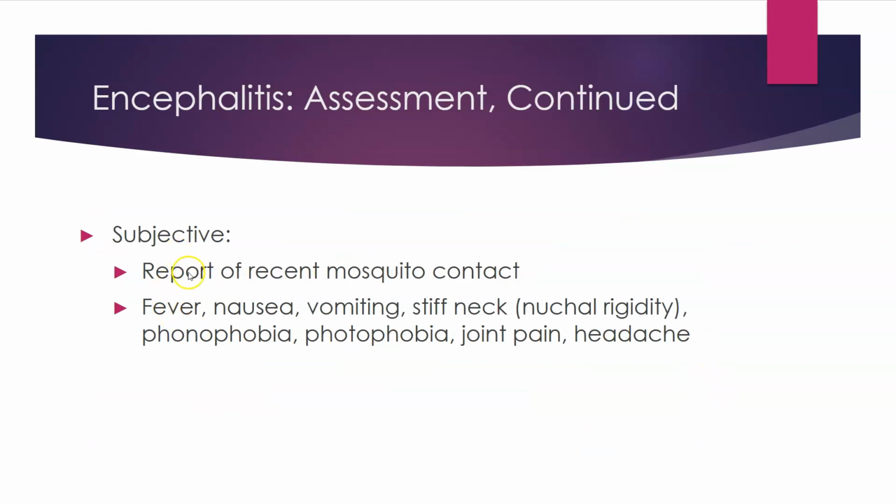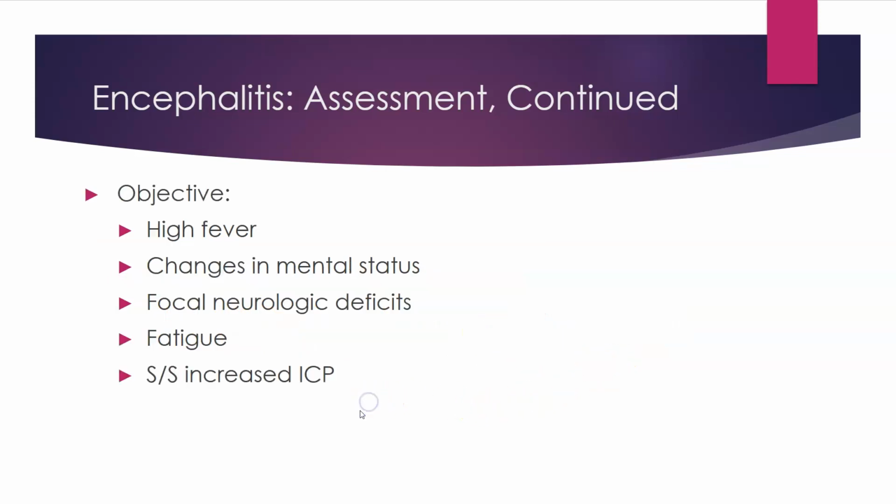So subjective, so report any recent mosquitoes or ticks, fever, nausea, vomiting, nuchal rigidity, phonophobia, photophobia, joint pain, headaches. Those kinds of situations might lead into this. Objectively, you might see a high fever, changes in mental status, neurological deficits, so doing your cranial nerves, looking at fatigue, and then signs and symptoms of increased intracranial pressure.